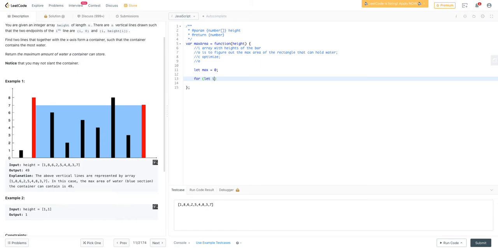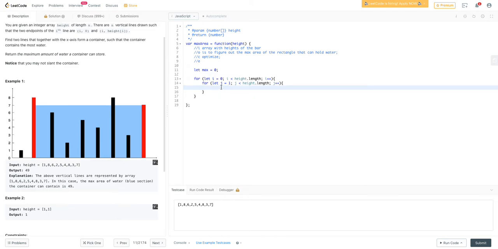Let i equal 0, i less than height.length, i plus plus, and we would do the same thing with j: let j, while j is less than height.length, j plus plus, right?